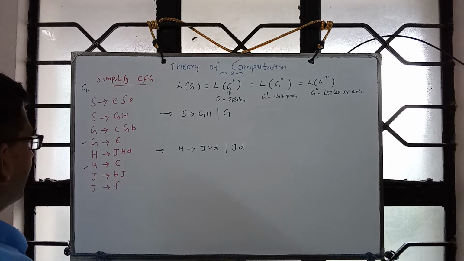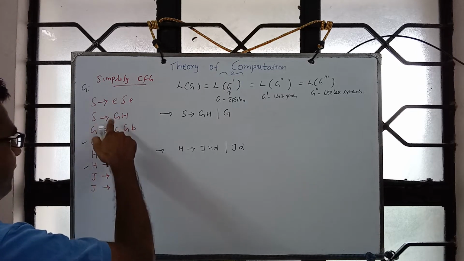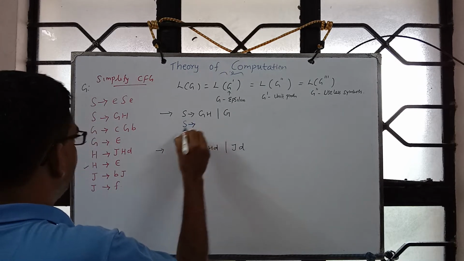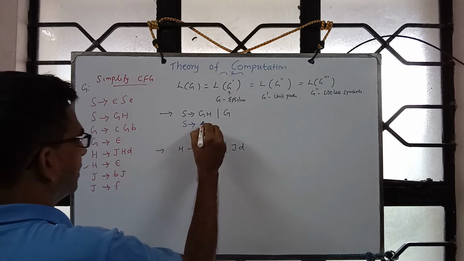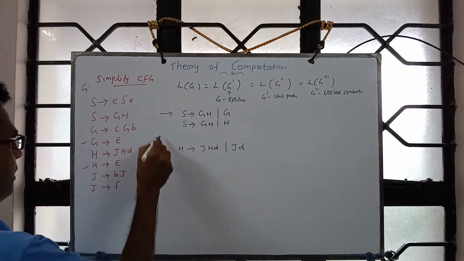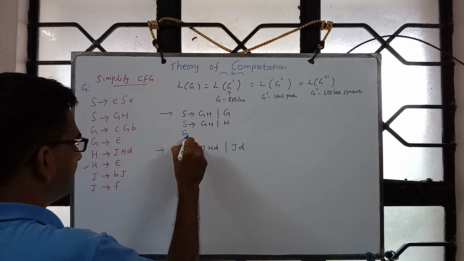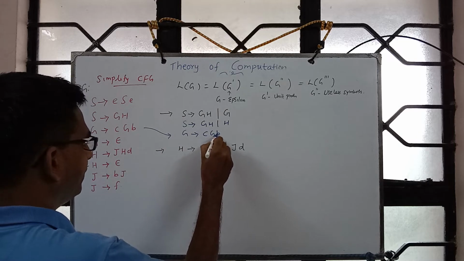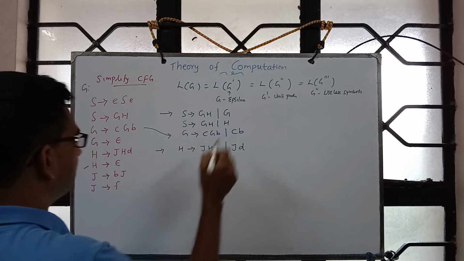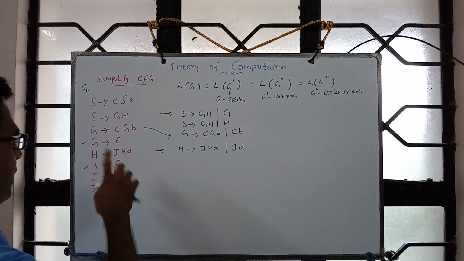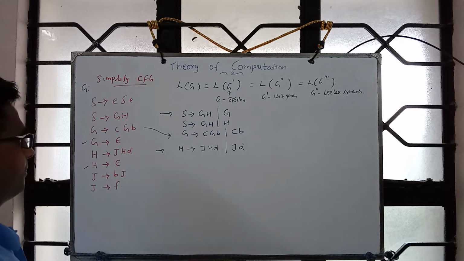Okay, now let's look at this. Now see, wherever G is appearing, we say S implies GH or H, and G implies CGB or CB, and G is not appearing in any other place.